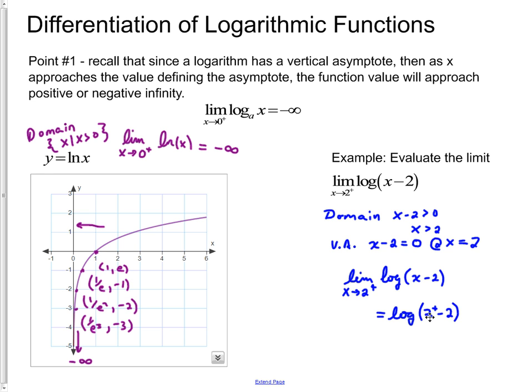So we're going to consider this to be some very, very small positive number. And whenever we take a logarithm of a very small positive number, we come up with a very large negative number. That is, this tends towards negative infinity. And so this is our limiting value right here for a logarithm. Something to keep in mind as we move ahead into the section.